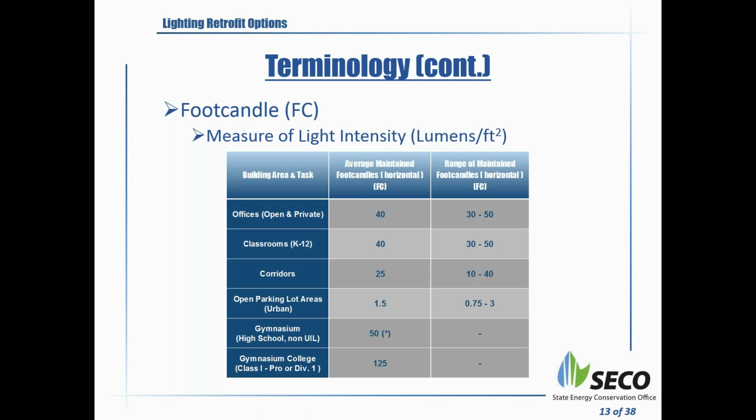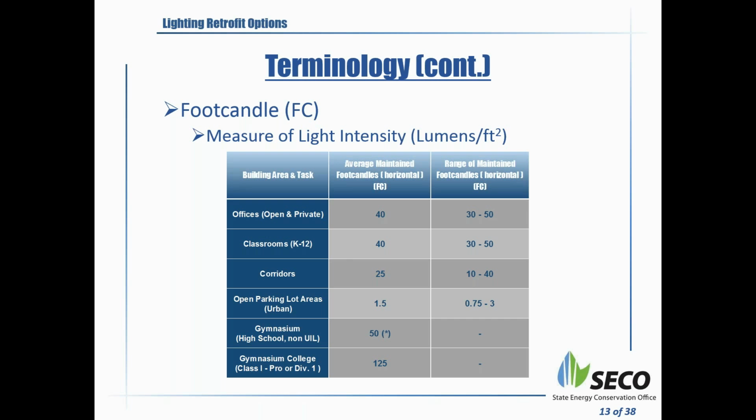However, there are specific requirements for UIL rated gymnasiums, which is around 80 average foot candles. So if you have a campus that hosts UIL competition, you will normally need to raise your light level to close to 75 to 80 foot candles.